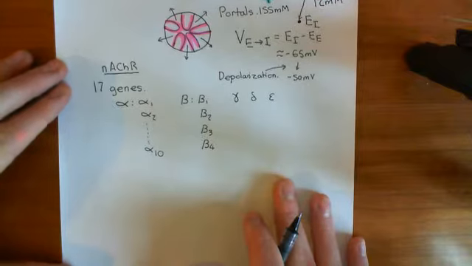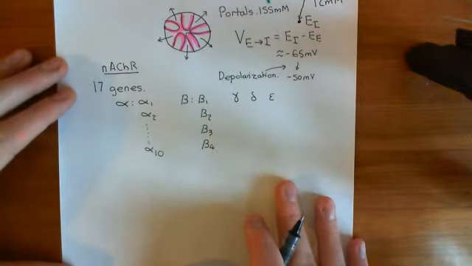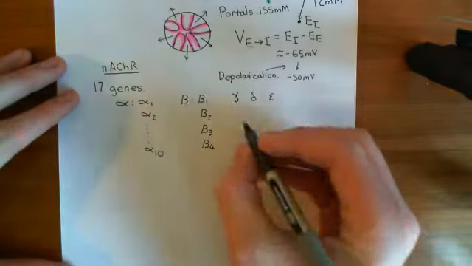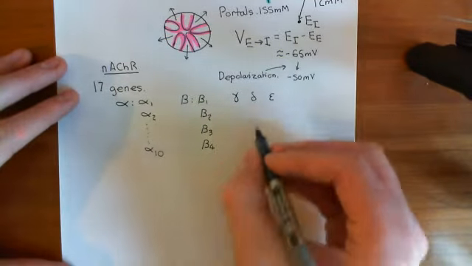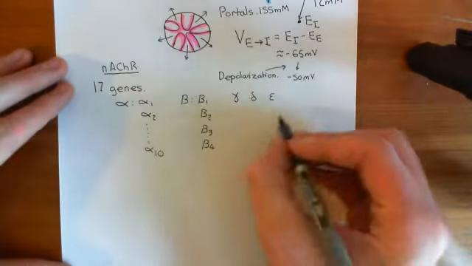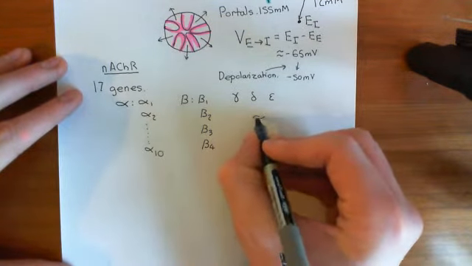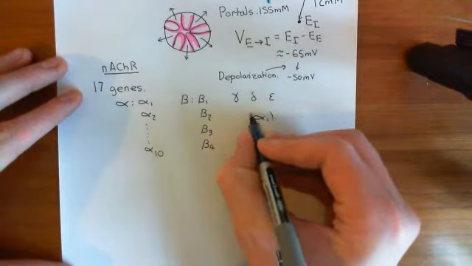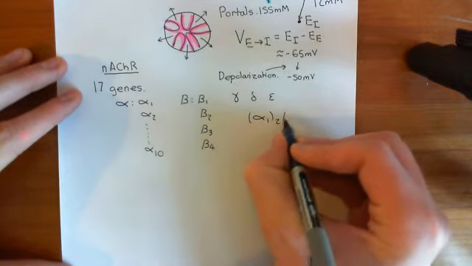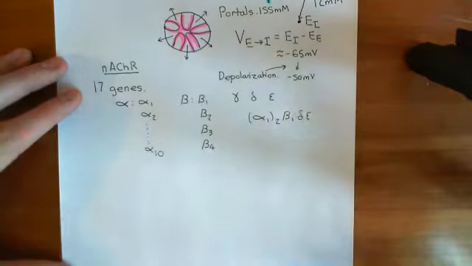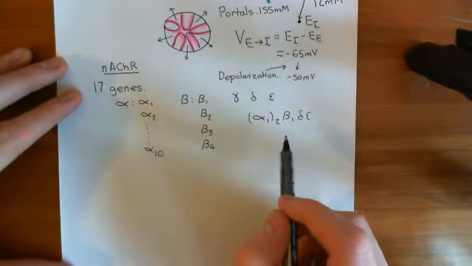So we'll start with the most famous one, which is the one that's on skeletal muscle cells. What's the subunit composition of the nicotinic acetylcholine receptor that's on skeletal muscle cells? Well, it's often referred to as the alpha-1,2 beta-1 delta epsilon nicotinic acetylcholine receptor.